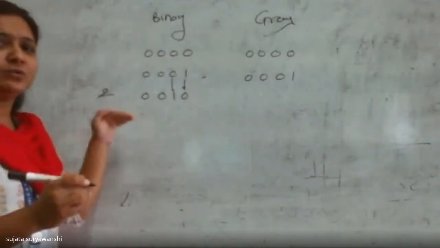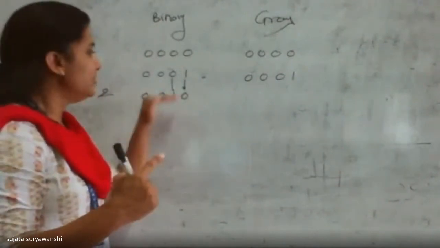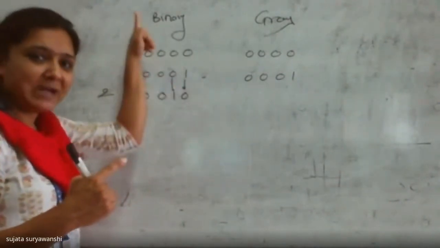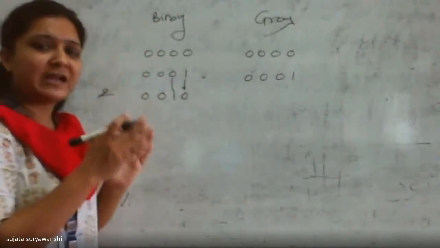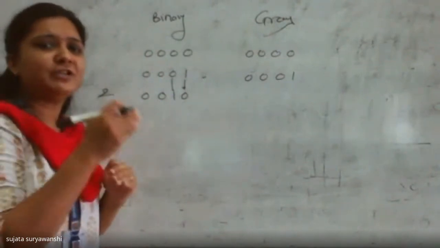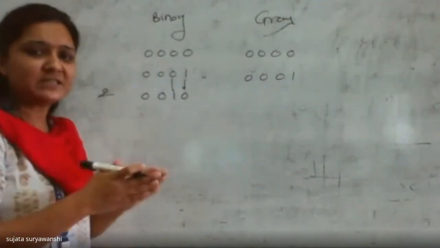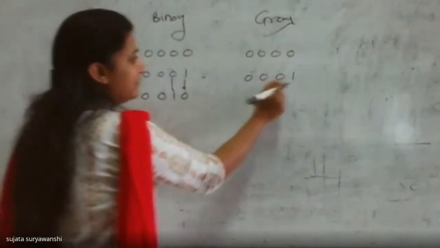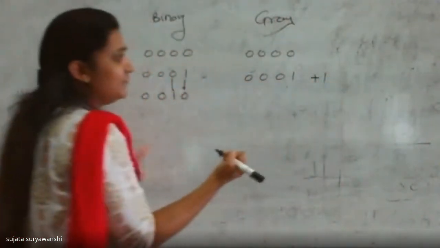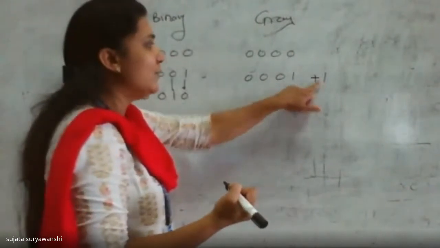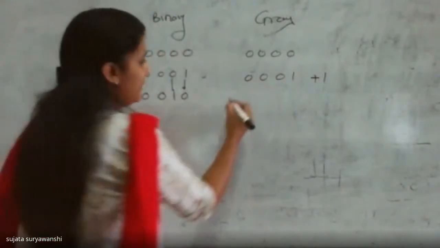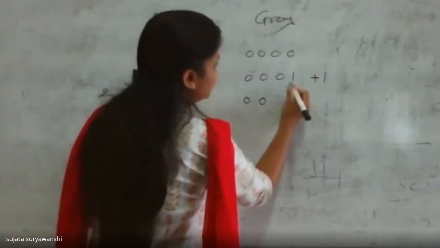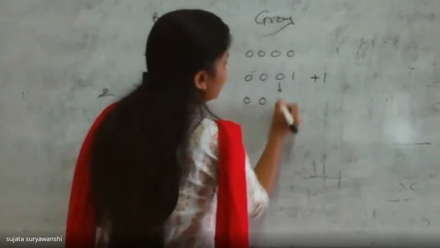Means what? When you add 1 into your previous number in case of binary, it is not that only one bit will change at a time. But this condition is in the gray code. So when you add 1 into the previous number, 0, 0, 1 stays and only this bit will alter.